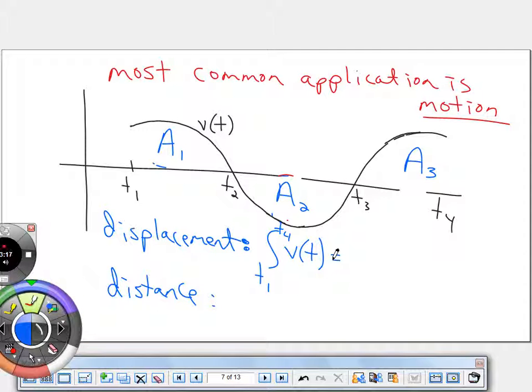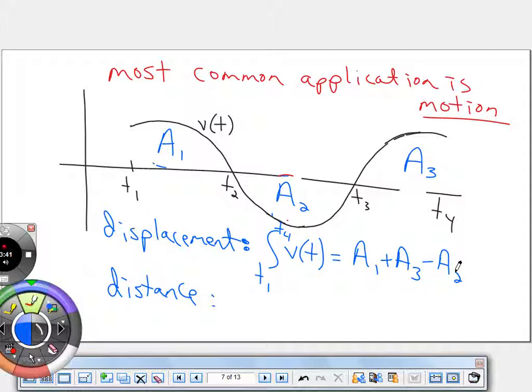It's the overall net area under the curve. And the way that we'd calculate that is we'd have the A1, and then we could add the A3 because it's above the x-axis. And then we'd have to subtract out the A sub 2 so that we could get the proper amount of net area under the curve.